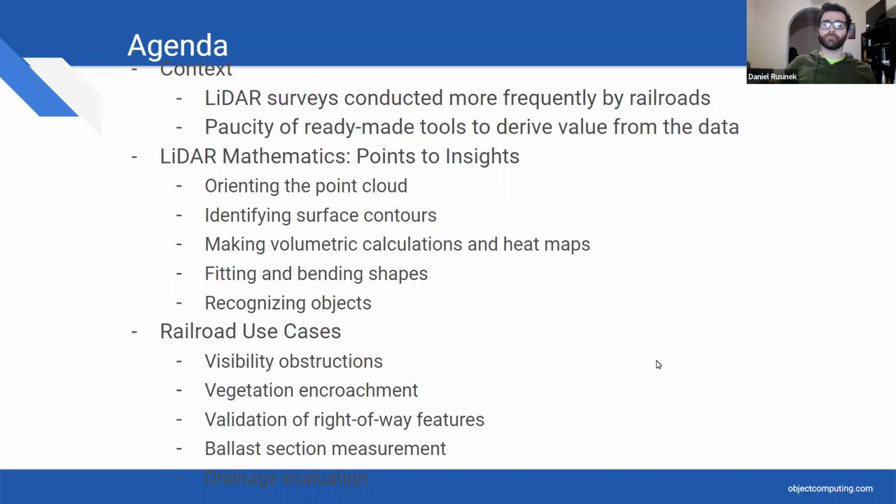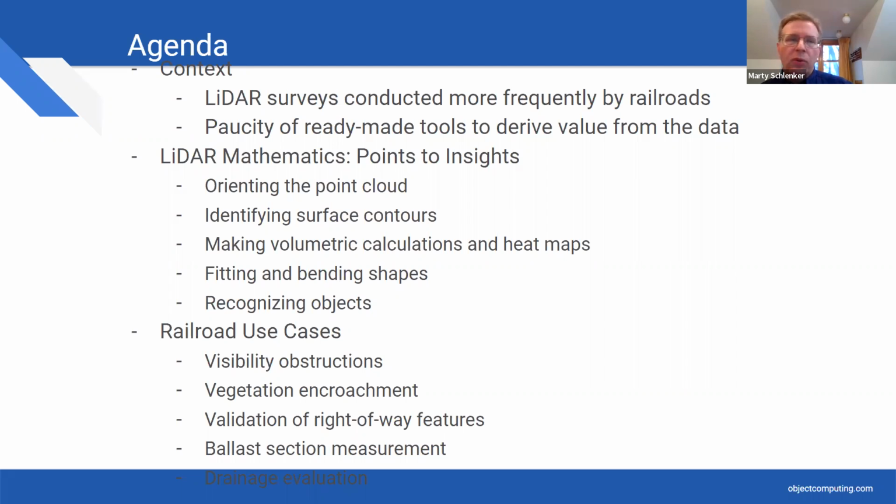Okay. So we're going to start out with a little bit of context here, because only recently has LIDAR data become prevalent enough within the industry for us to consider the techniques and the cases that we're going to be able to discuss today. We're going to talk about what developments have occurred that make LIDAR more available and less expensive than it has been in the past.